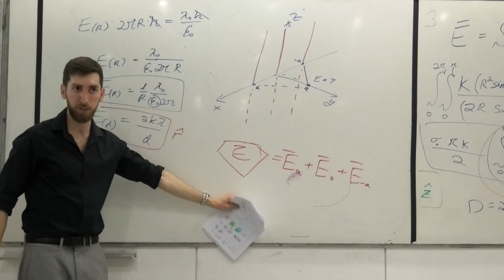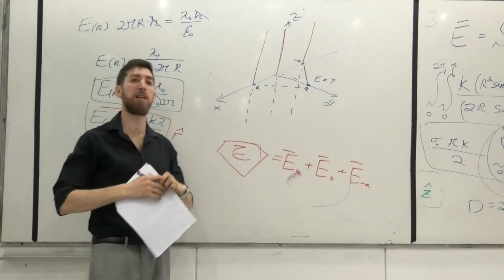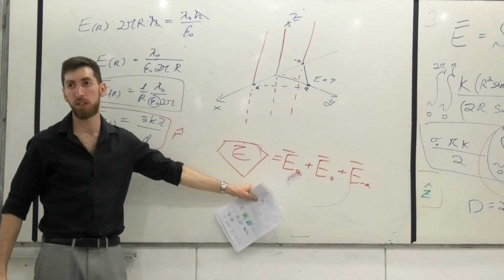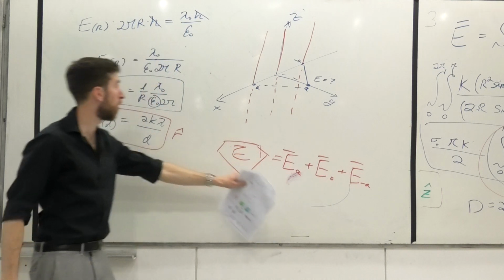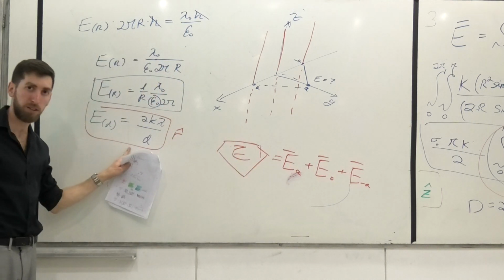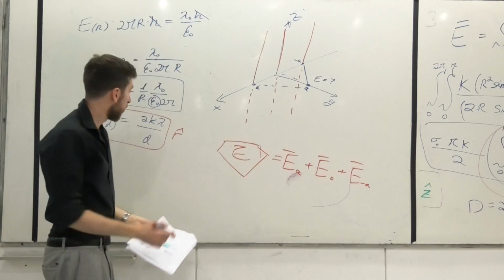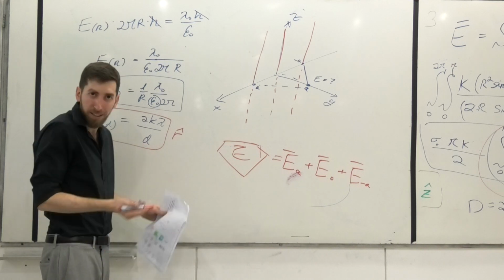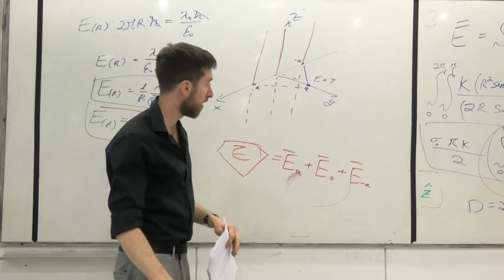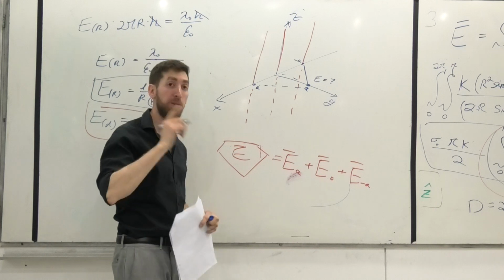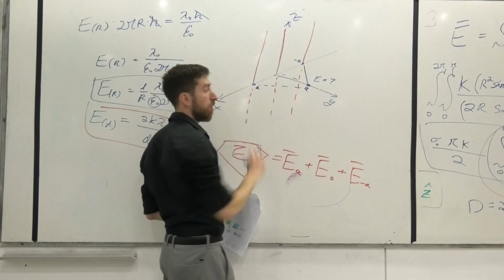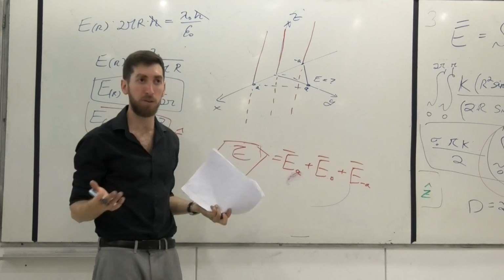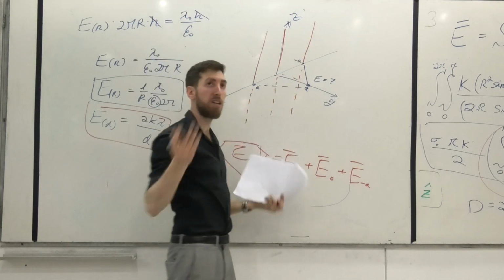Every time you see a complex problem, just kill it. This problem we already solved is this answer, so what do we need to do? Just put in the right d, and done. The question is easy. But you need to be careful with the directions, because each wire has its own radial direction. This one gives a contribution in that direction, and this one in that direction. In the y direction they kill each other, but they sum up in the other direction.